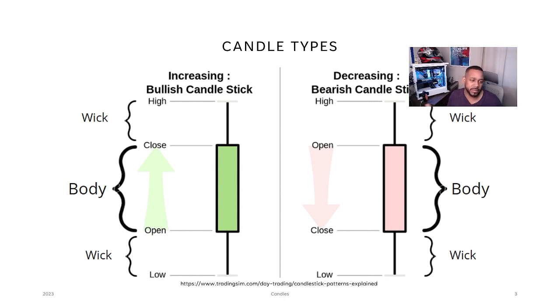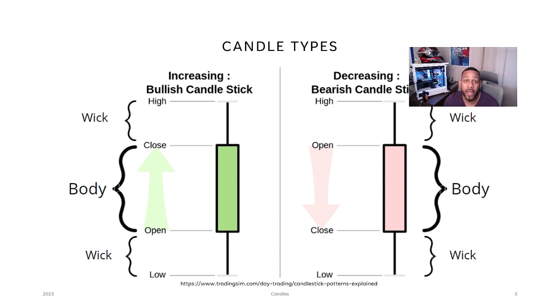Candlestick types. These are our basic candlestick types, right? We have our bullish candlestick on the left. You see the body is where price opened, where it started for that particular time frame. Let's just stick with hourly time frames right now.